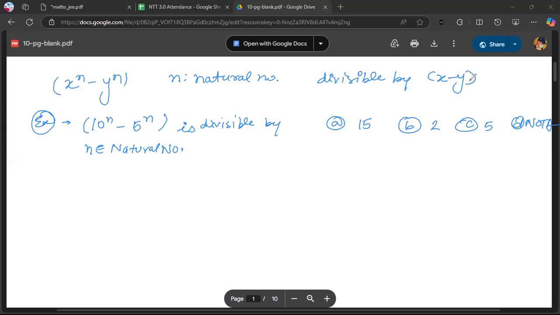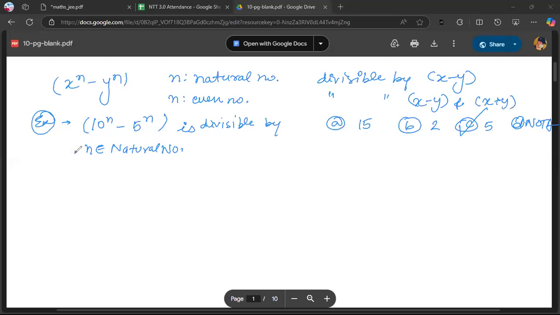So it will be divisible by x minus y, which is 10 minus 5. So 10 minus 5 is option number C. Correct? Understood? Yes, sir. This is how this property will work. And if n is an even number, then it will be divisible by x minus y, and also it will be divisible by x plus y.